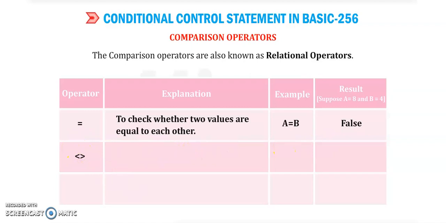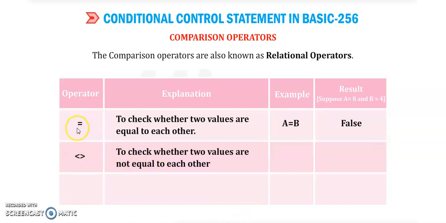Now what is next? This checks whether two values are not equal to each other. It is the opposite of the equal to operator. This is the not equal to sign. With this operator, we check that two values are not equal, like A not equal to B. So 8 is not equal to 4.